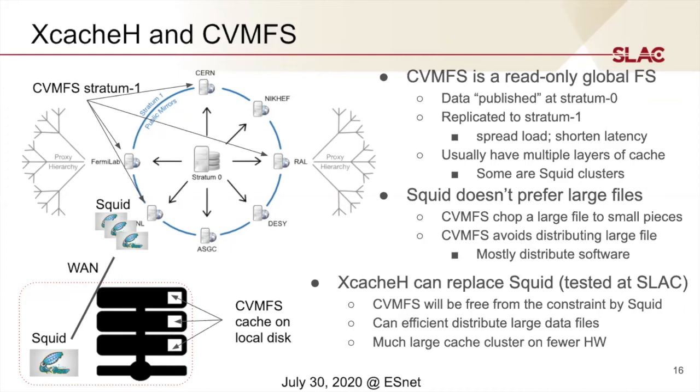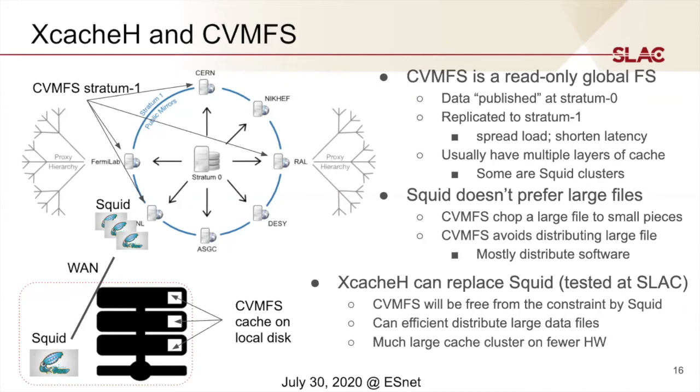There are two places where Xroot cache is used to spread the load and to do the caching as well. Because Xroot is used, and Xroot does not prefer large files, in most cases with CVMFS we avoid distributing large data files.